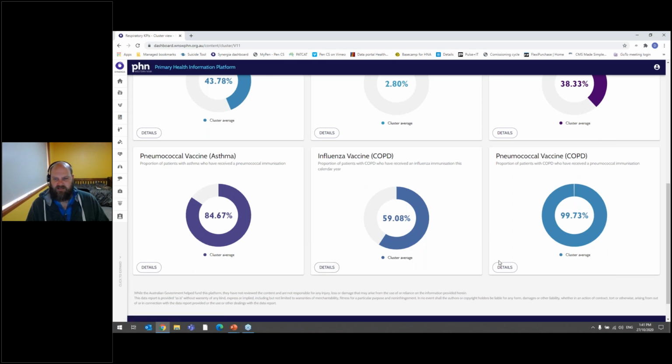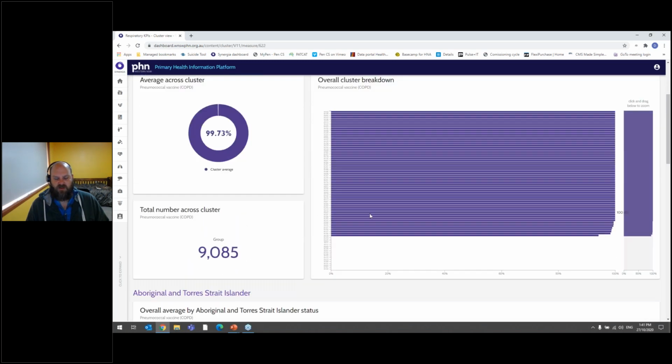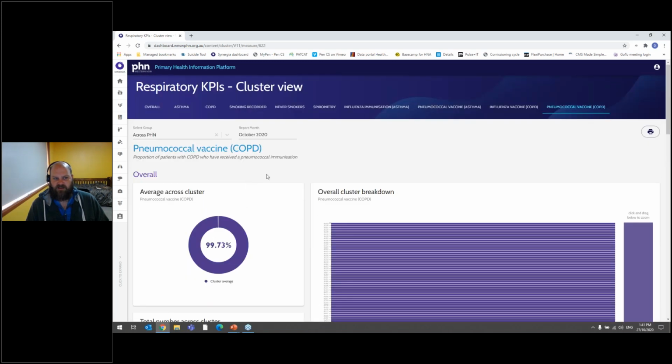So you can see that obviously those patients with COPD, we've done very well across our region in making sure those patients have got their vaccines in the last 12 months for pneumococcal. So again, that's primarily about looking at what cohort your patients are, looking at the key risk factor for these patients, which is obviously having their smoking and their spirometry checked.